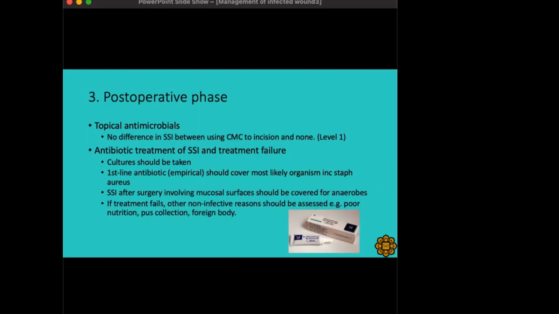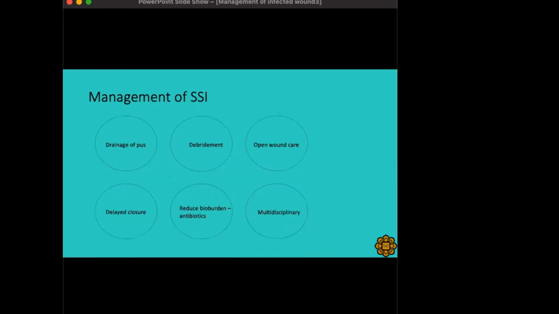If the treatment fails, other non-antibiotic reasons should be assessed. Example, the other factors that I've mentioned before: poor nutrition, or there's foreign body, or there's abscess or pus collection. So, in simple terms, management of SSI: you drain the pus, debride, open wound care, delayed closure, reduce the bioburden, and involve a multidisciplinary team.